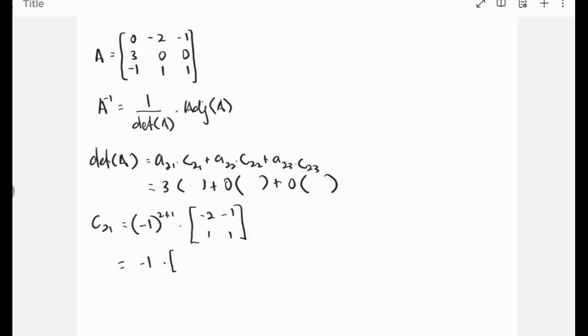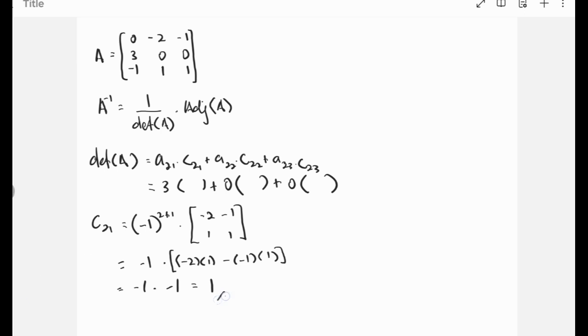Calculate the determinant of the minor. So we have -2 times 1 minus -1 times 1, which will give us -1 times -2 plus 1, which is -1, so it is equal to 1.